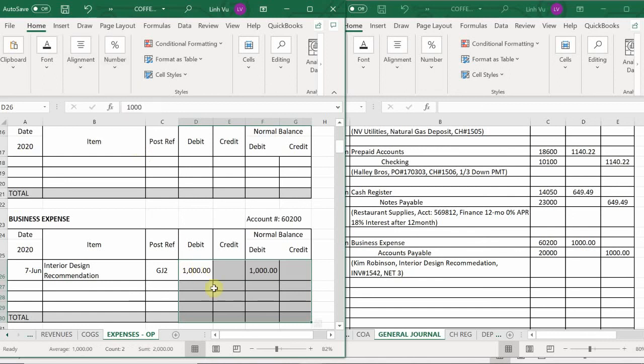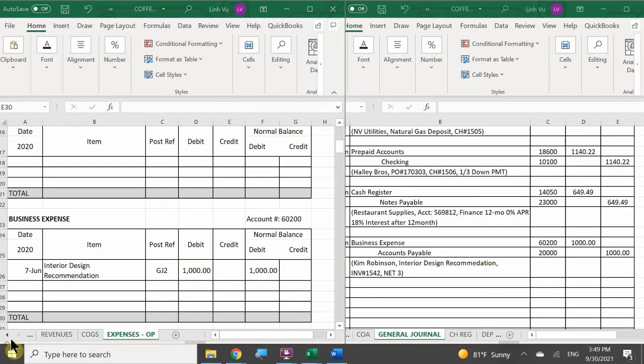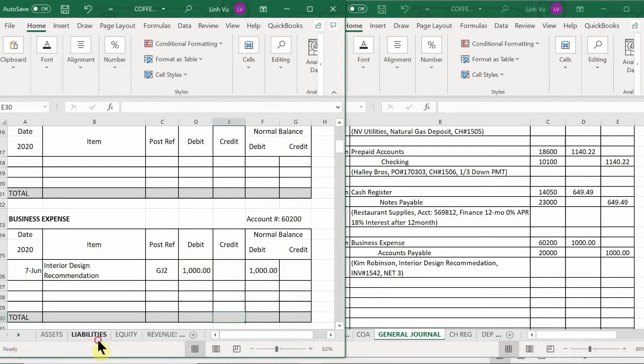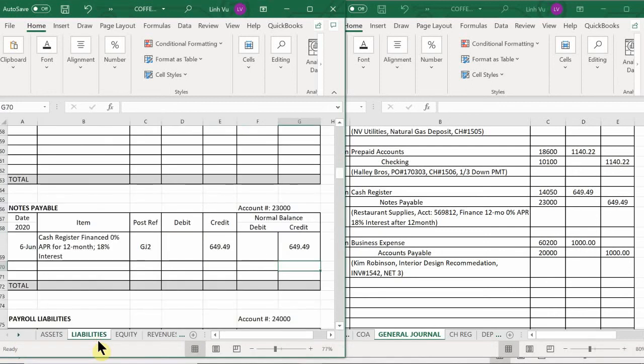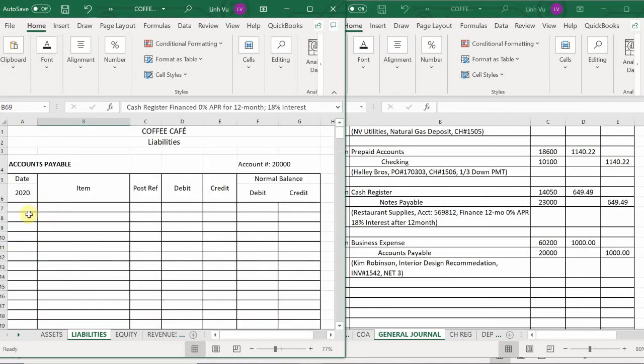And now we need to link it to an accounts payable account. We need to go to our liabilities because we owe Kim Robinson. Accounts payable is going to be at the very top of the window, our very first accounts payable.